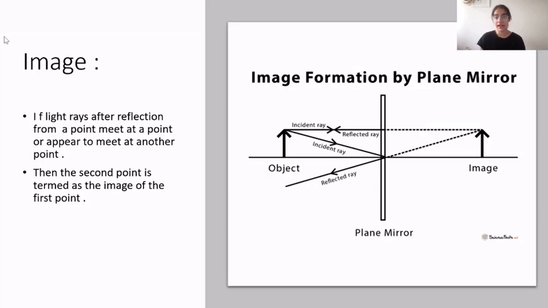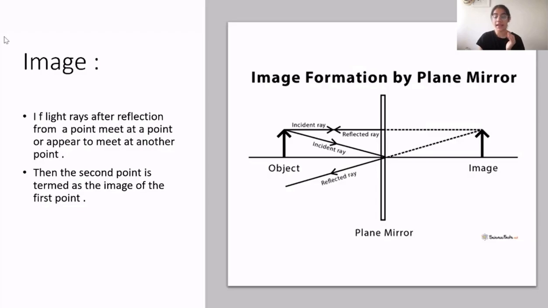If you look at the diagram that has been presented in front of you, I show you image formation by a plane mirror. We have an object, we take two rays of light. One right on top of it goes parallel and gets reflected back in the same direction. The second goes and touches the surface of it, the incident ray, and it is reflected back with an angle.